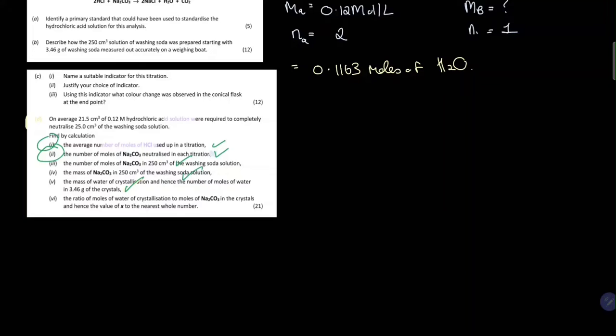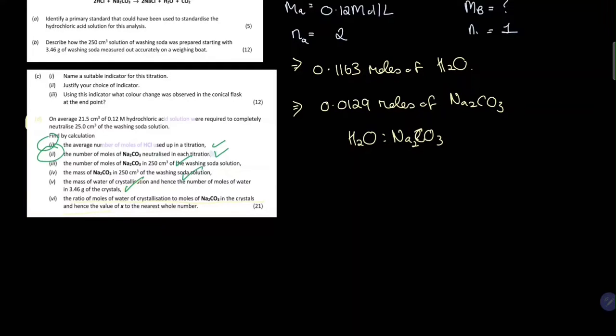So previously we worked out the number of moles of sodium carbonate in the 250 centimeters cubed, and we worked that out to be 0.0129 moles of the sodium carbonate. Okay, so now we want to see the ratio. It literally says it in English. You're just going to convert that English sentence into a ratio. So the number of moles of water compared to the number of moles of the sodium carbonate.